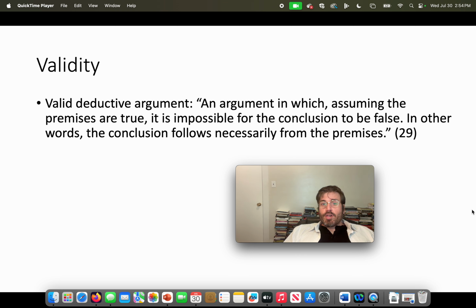Okay, now notice that for a lot of the analysis of deduction and validity, we're almost going to not be thinking at all about the truth value of premises. Unless otherwise stated, we're going to take for granted that the premises really are true.